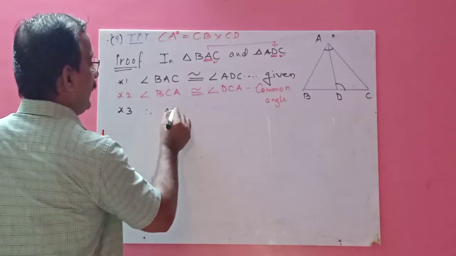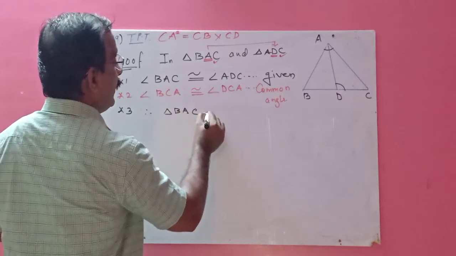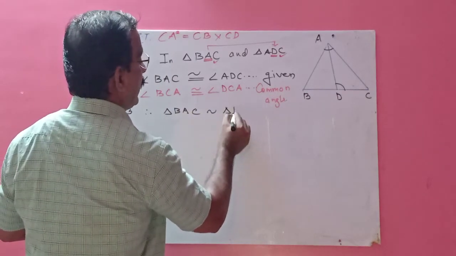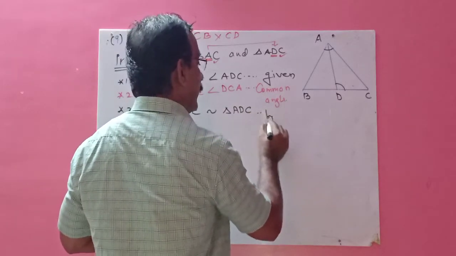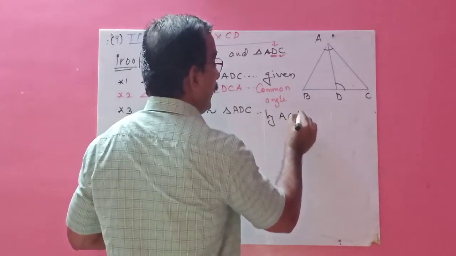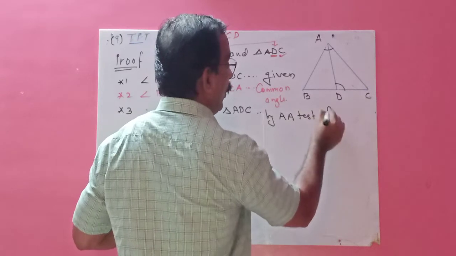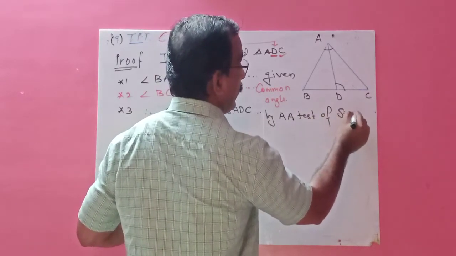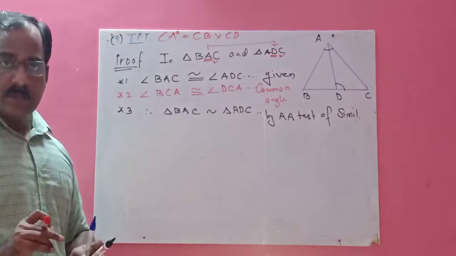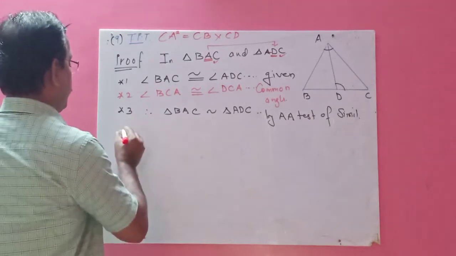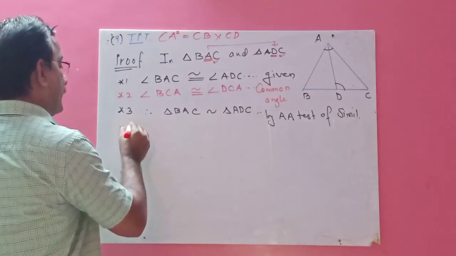So therefore point number 3, triangle BAC is similar to triangle ADC by AA test of similarity. And once the triangles are similar, their sides are in proportion.